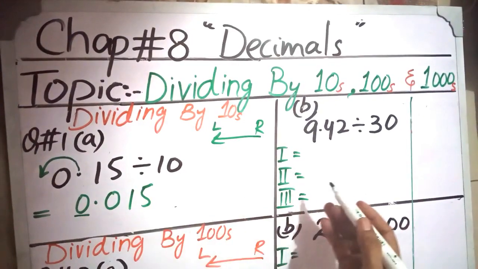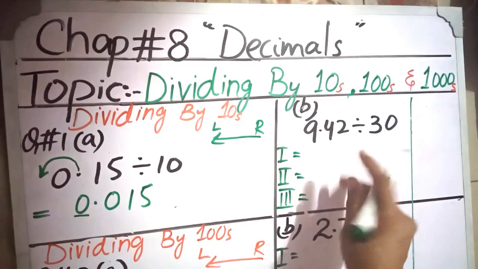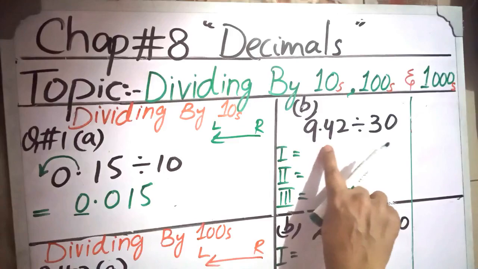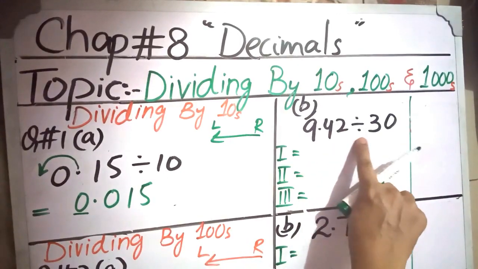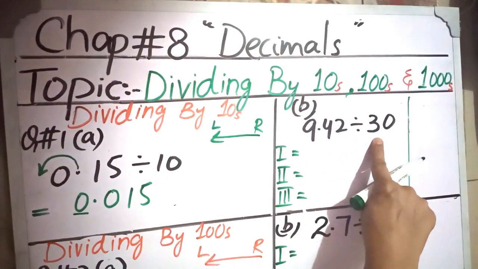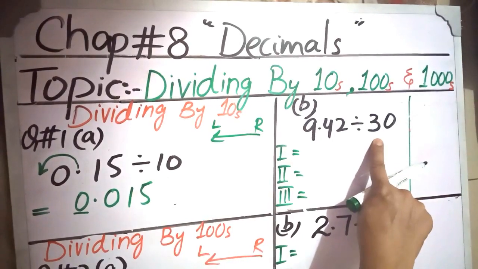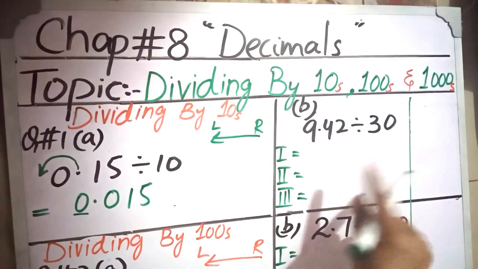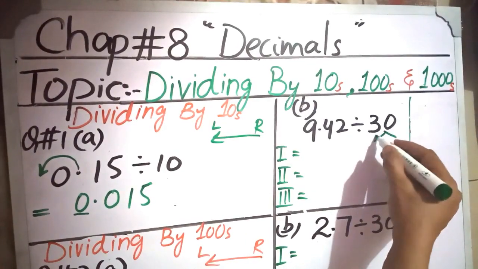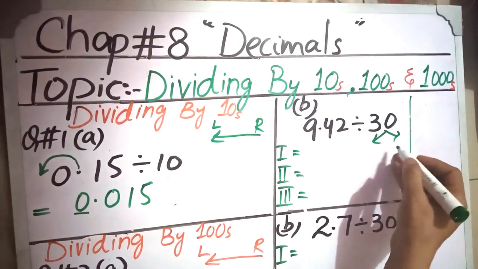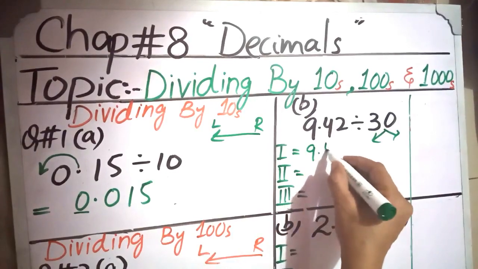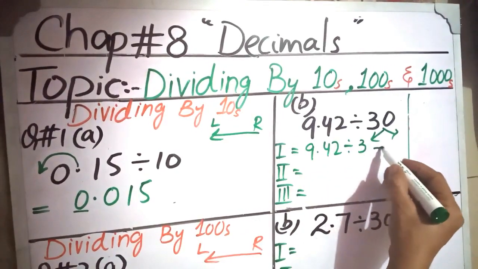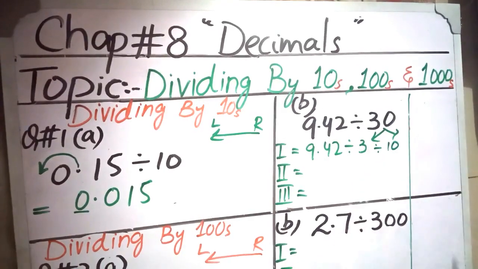Now, in the B part, 9.42 divided by 30. 30 is a multiple of 10, so we have to do the question in 3 steps. We will split this number into 3 and 10: 9.42 divided by 3 divided by 10.